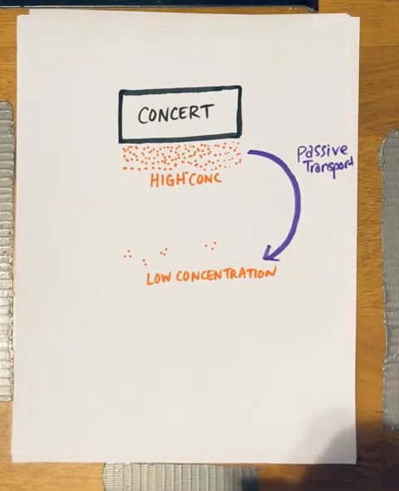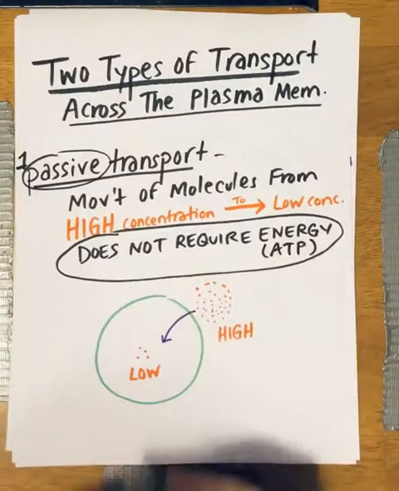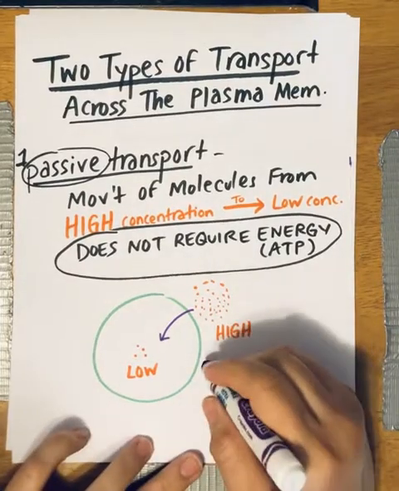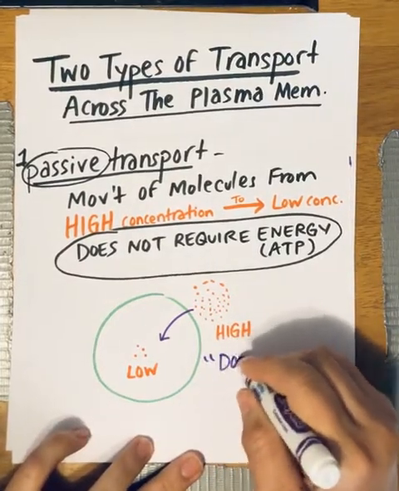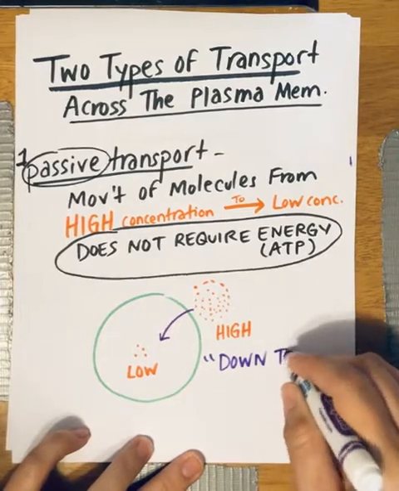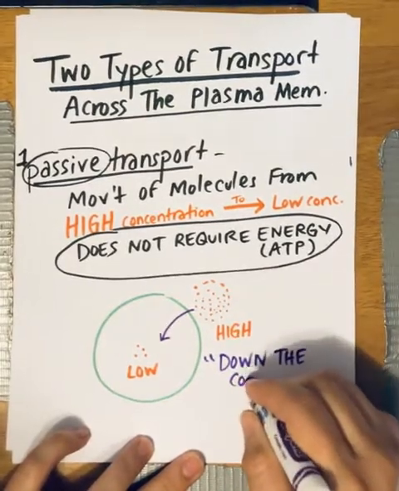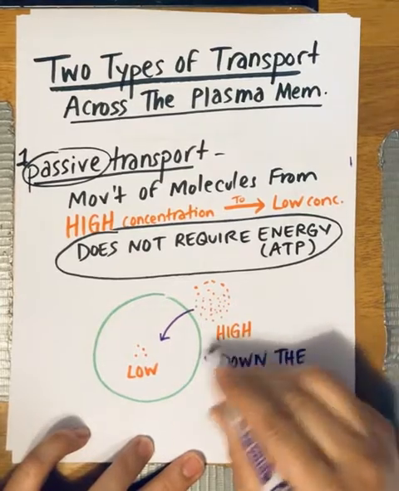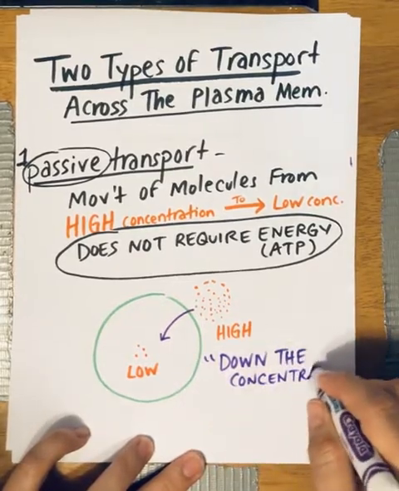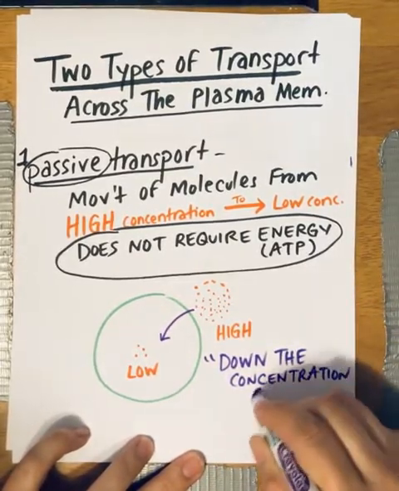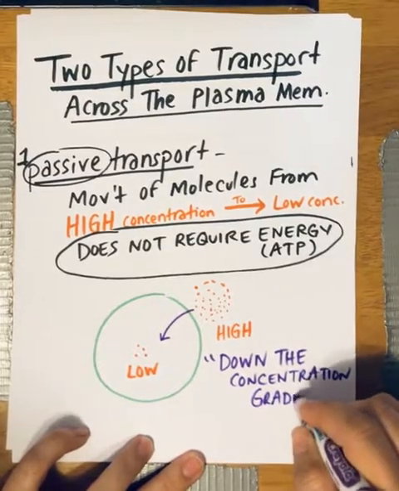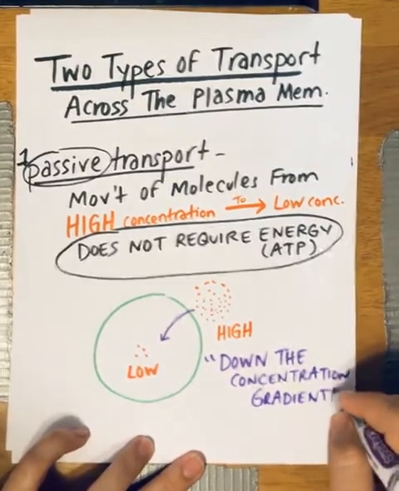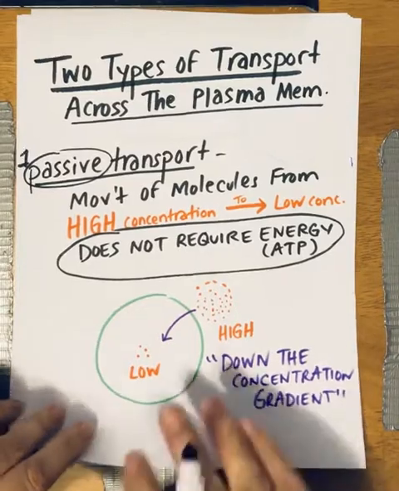When you say passive transport, they literally will say it moves down the concentration gradient. Down the concentration gradient means it goes from high to low.